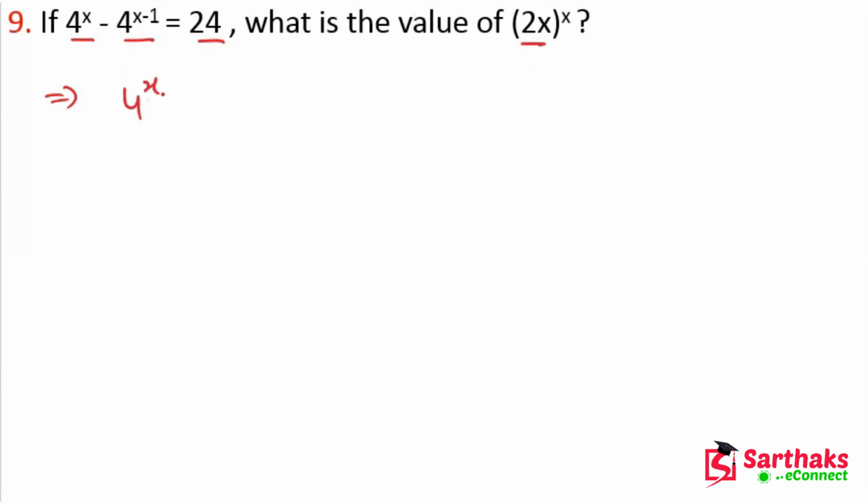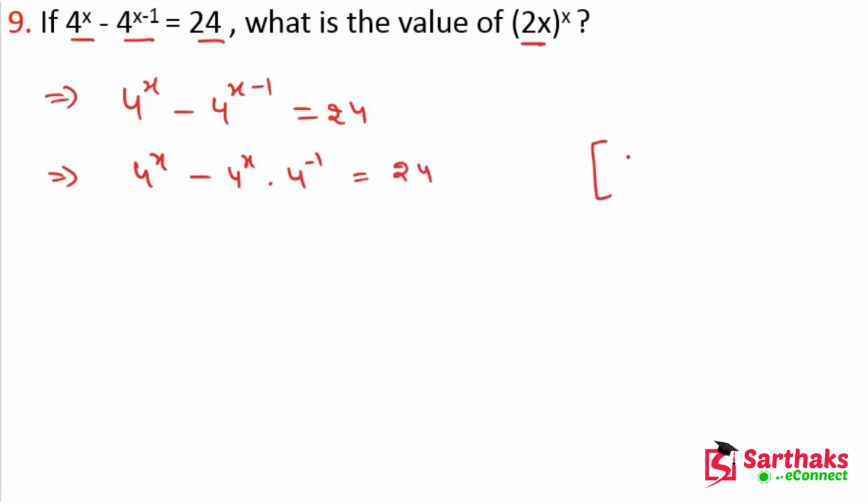We have 4^x minus 4^(x-1) equals 24. This term we can write as 4^x dot 4^-1, equals 24.